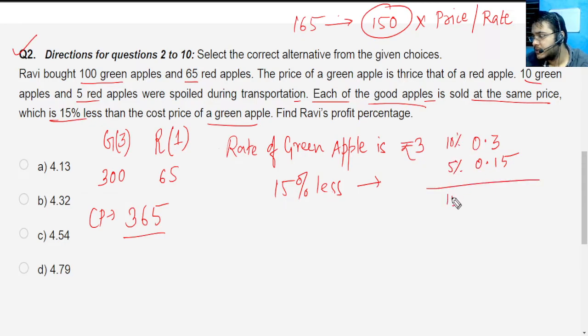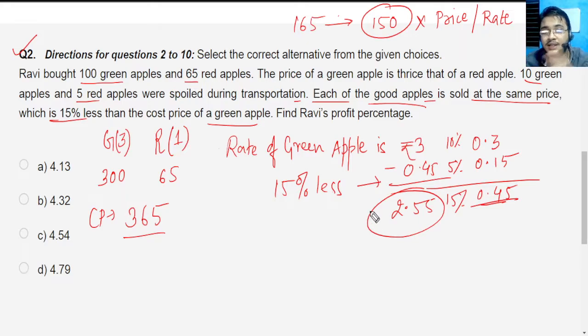Together 15% of this will be 0.45. Now remember, this is 15% less than this, so minus 0.45 gives me 2.55. So what is this? This is the rate of SP, rupees 2.55 per apple.